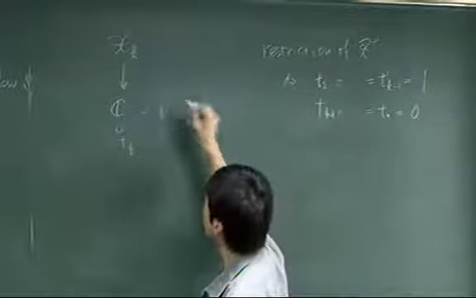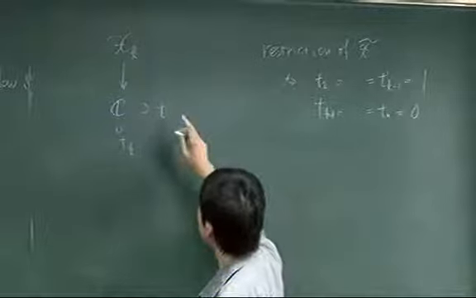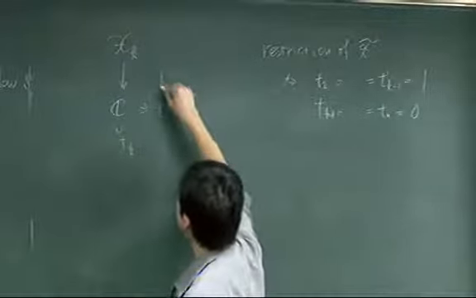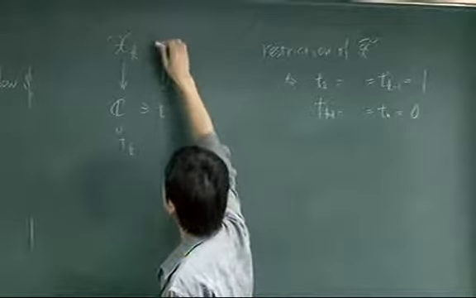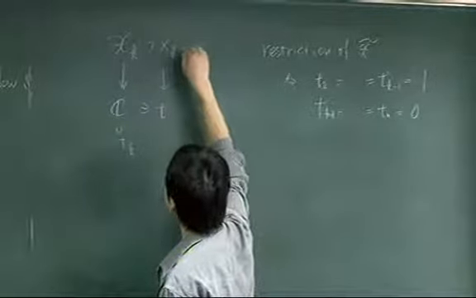And we write the fiber over T by x sub k t.